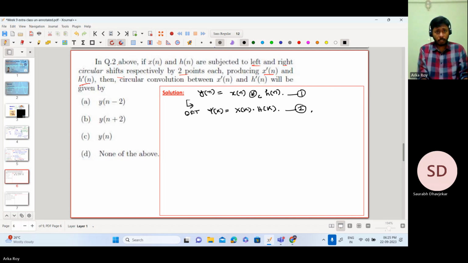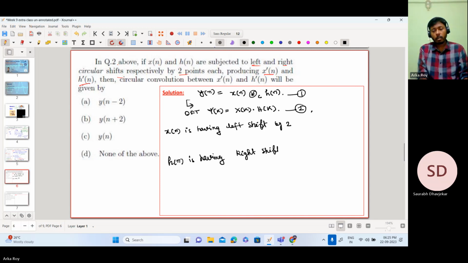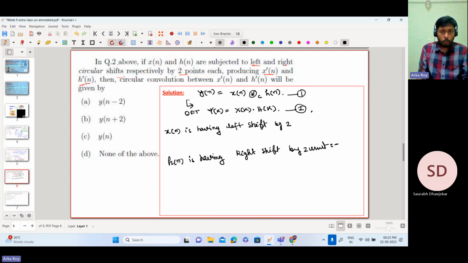Now it has been said that x[n] has a left shift by 2 and h[n] has a right shift by 2 units, and they produce x'[n] and h'[n] respectively.